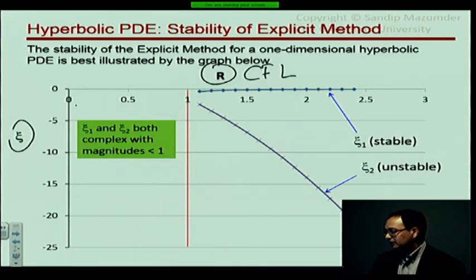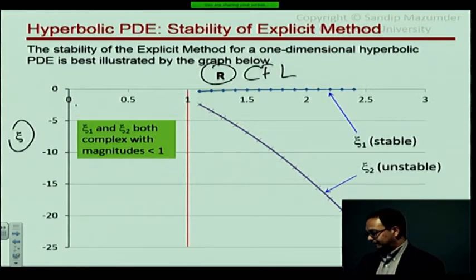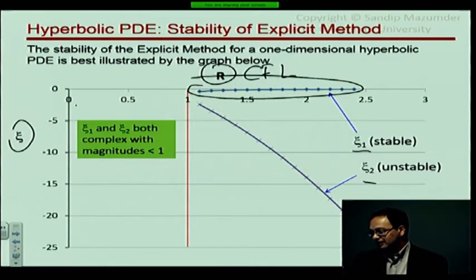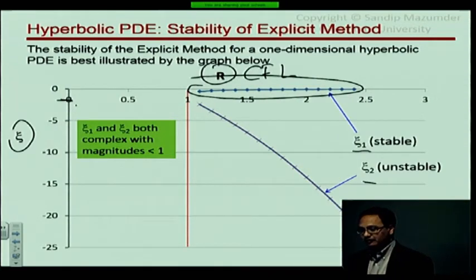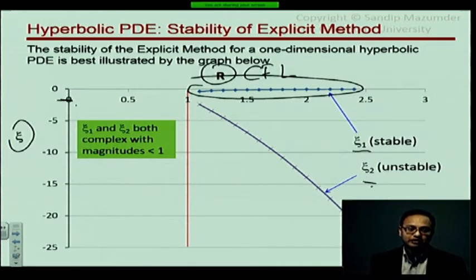Okay, and out of the two roots xi1 and xi2, one of them, this guy here, is the stable guy. It has actually a value between 0 and 1. Okay, and this guy, the xi2, is the unstable one when you get to r greater than 1. Okay, that's just a summary of the results that we found.